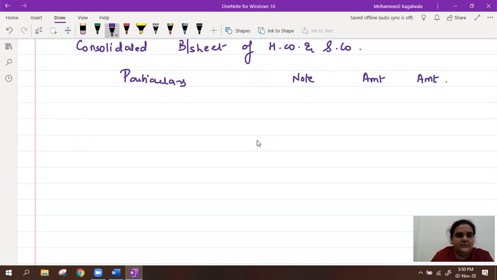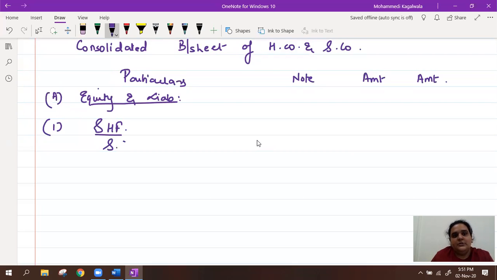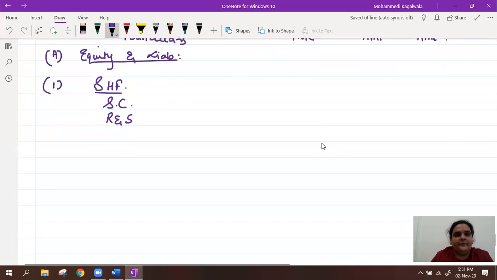In particulars, first we start with part A, equity and liabilities. In equity and liabilities, first one is shareholders funds. In shareholders funds, share capital and reserves and surplus. Second, here only you can write minority interest also.